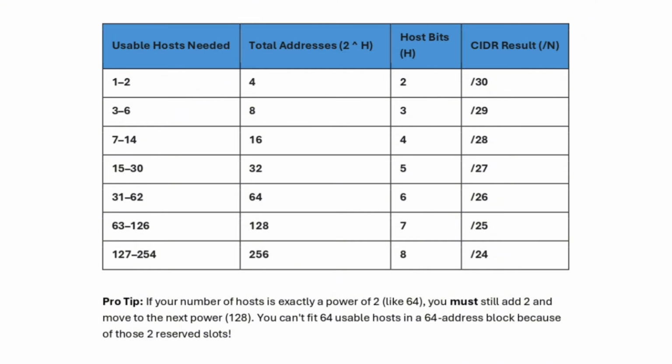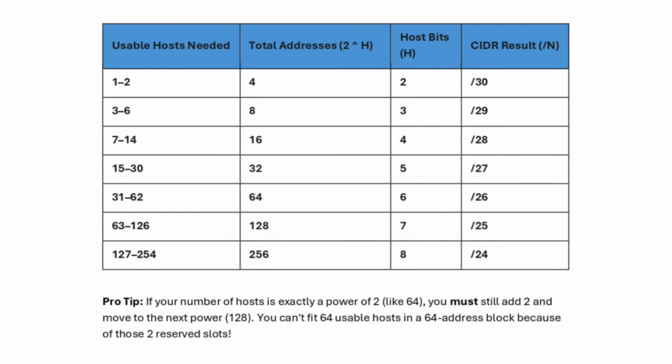Likewise, if it is 7 to 14, if any usable hosts we need are between those, we take the next power of 2, that is 16. So 2 power 8 equals 256, 2 power 7 equals 128, 2 power 6 equals 64.